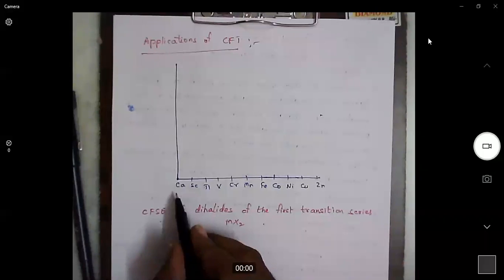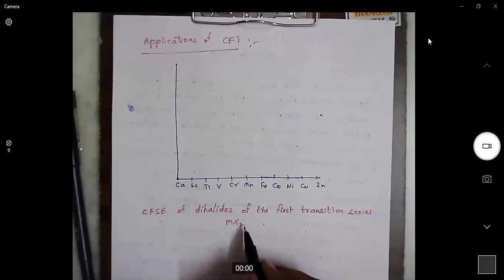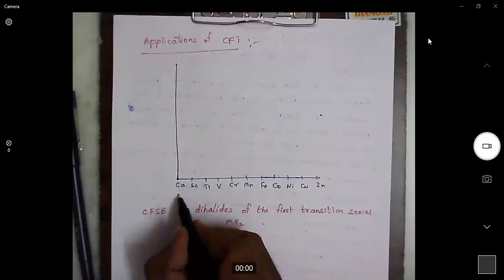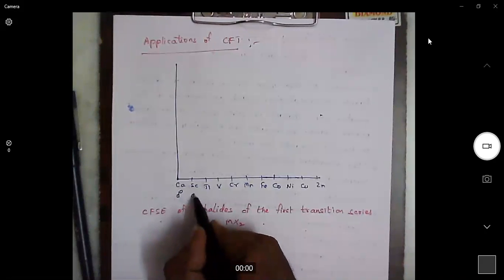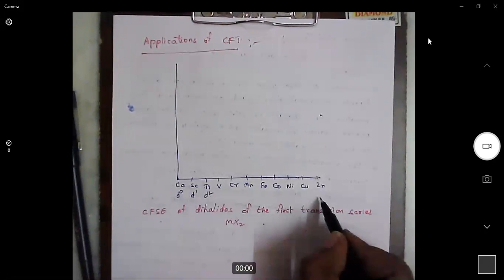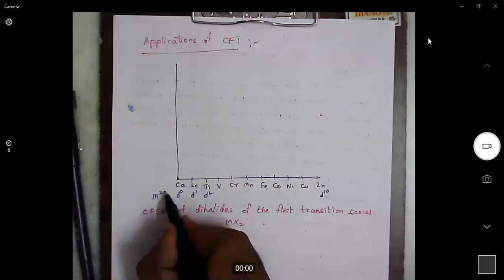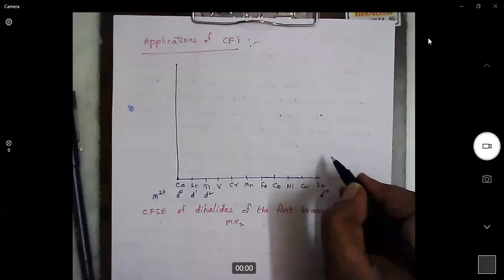These are the 3d elements. Of course, calcium is not. When it is in +2 oxidation state, here we have d0, then d1, d2, of course, up to d10 in +2 oxidation state.